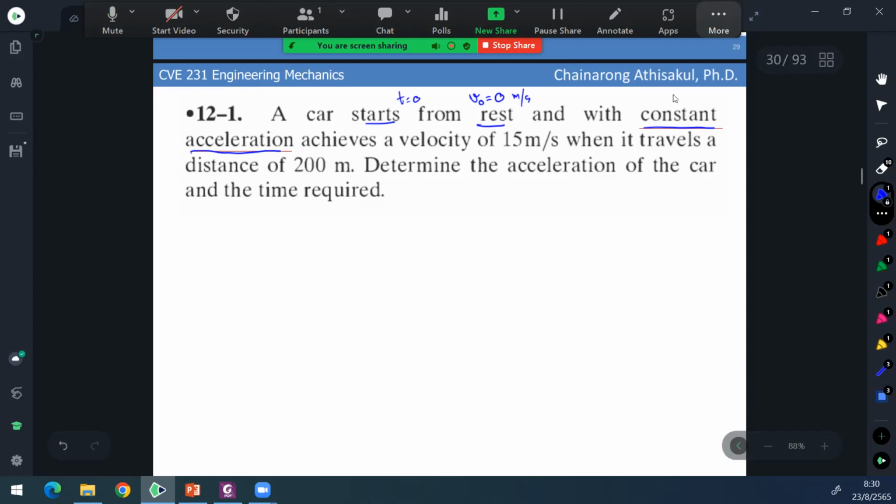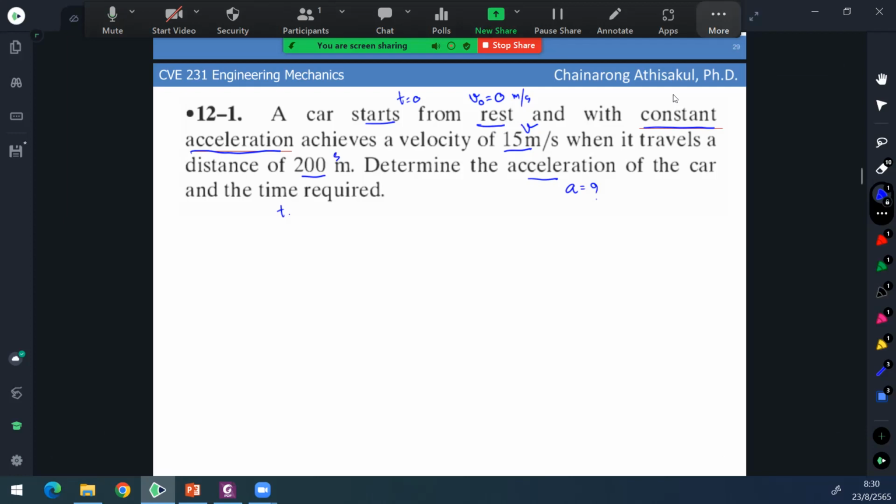We know the final velocity v is 15 meters per second, and we know the final position, s equals 200 meters. Now we would like to determine the acceleration and the time.